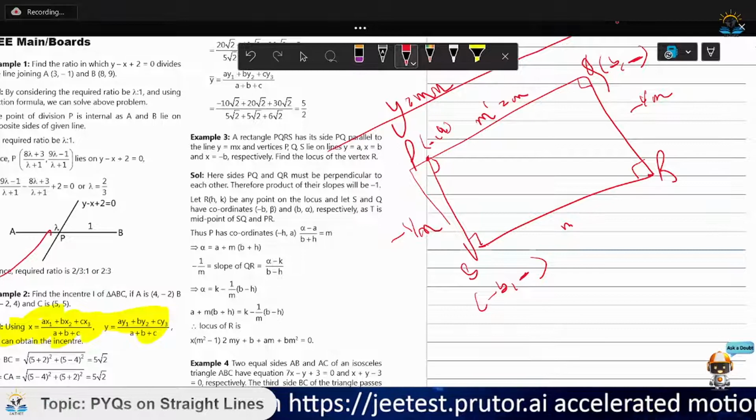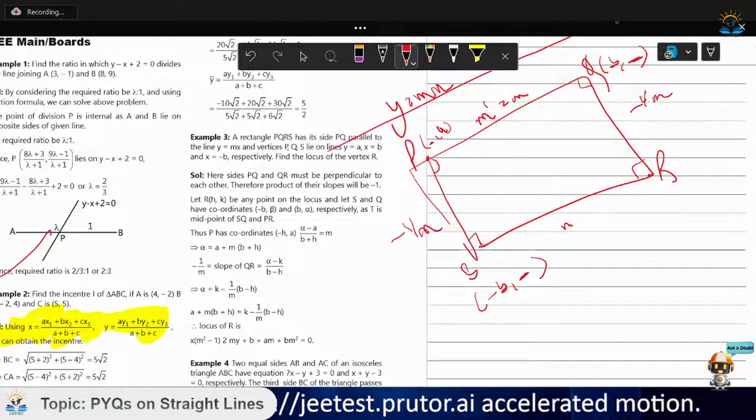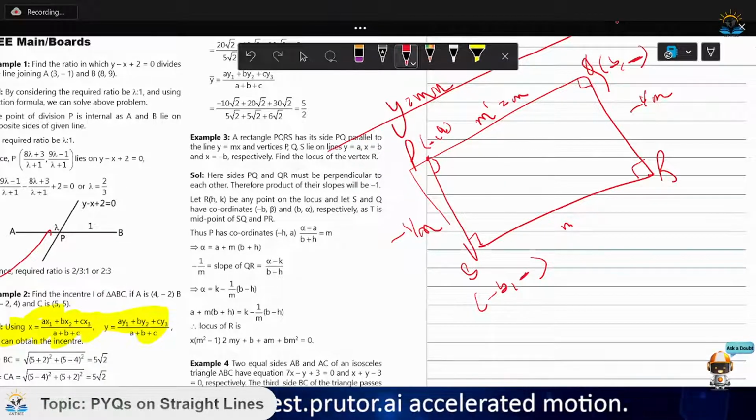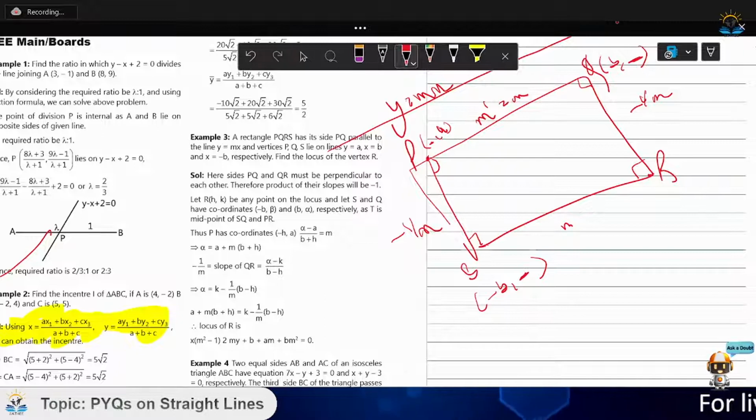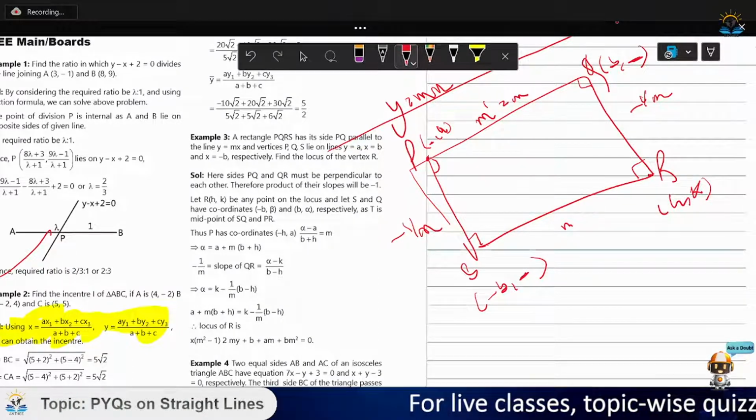This is a rectangle. And this is h comma k because we have to find the locus, right? So how do we go about it?